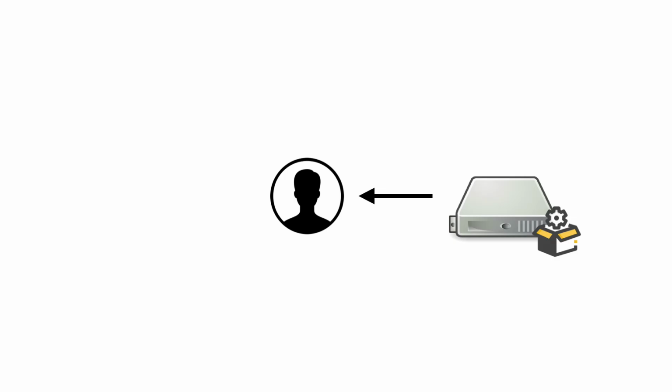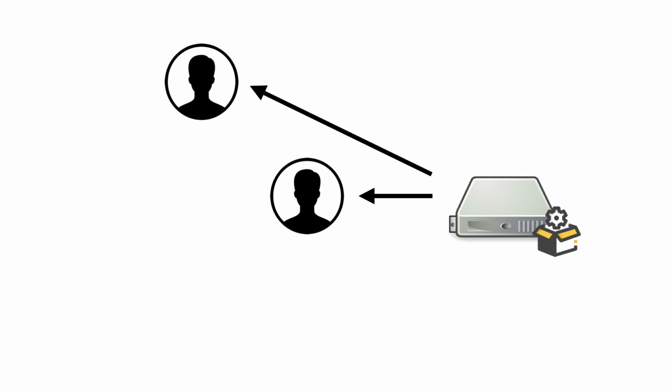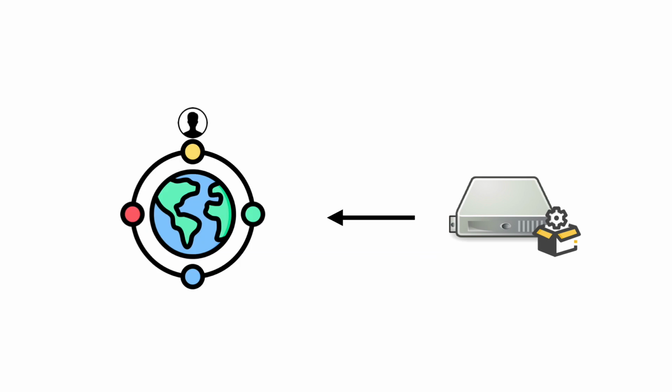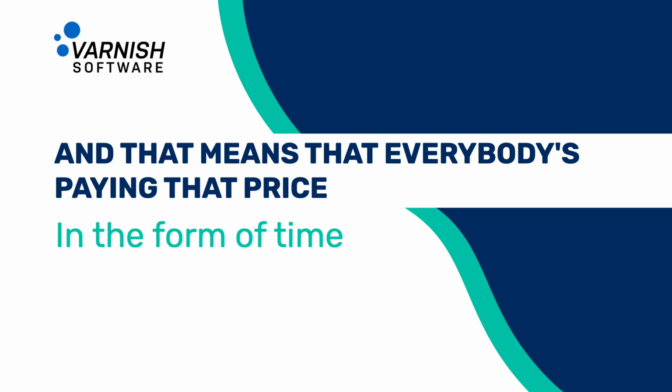And that means it's going to take a lot more time. Also, we have teams that are a lot more distributed, meaning the network leg is bigger. We have more locations, so all that compounds in a lot more stress on the machines, on the network, and that means that everybody's paying that price in the form of time.